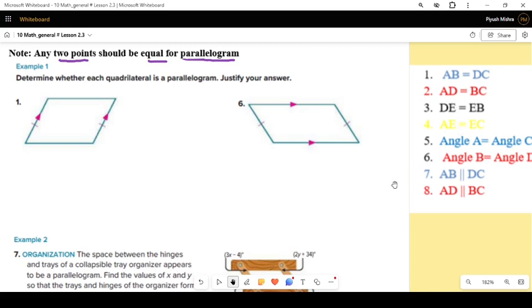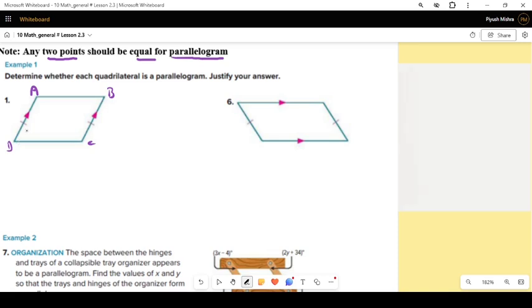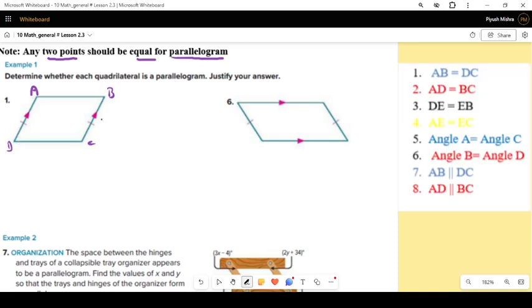So let's start here. Okay, question number 1, we have to check whether this is a parallelogram or not. I am starting with A, B, C, D. So first thing is it is telling AD is equal to BC. Where is the red one? Okay, so point 2 is matching here.